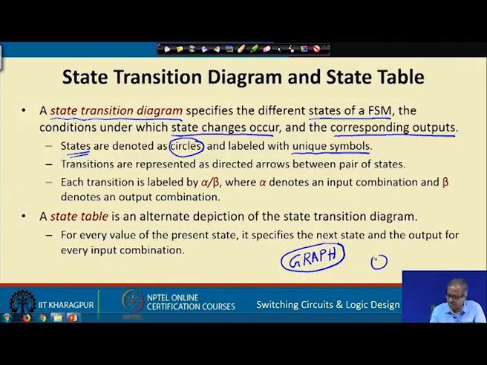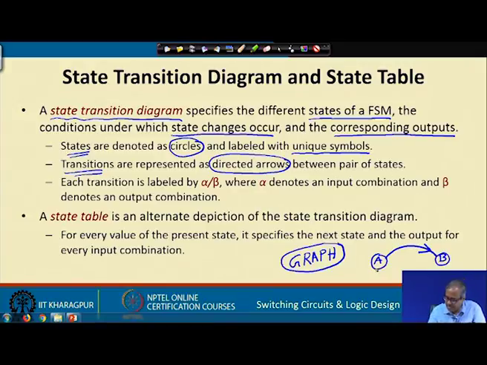For example, this is one state, this is another state, labeled A and B. There can be a transition between A and B which is denoted by a directed edge, an edge with an arrow. These are called transitions. They are represented as directed arrows between a pair of states.